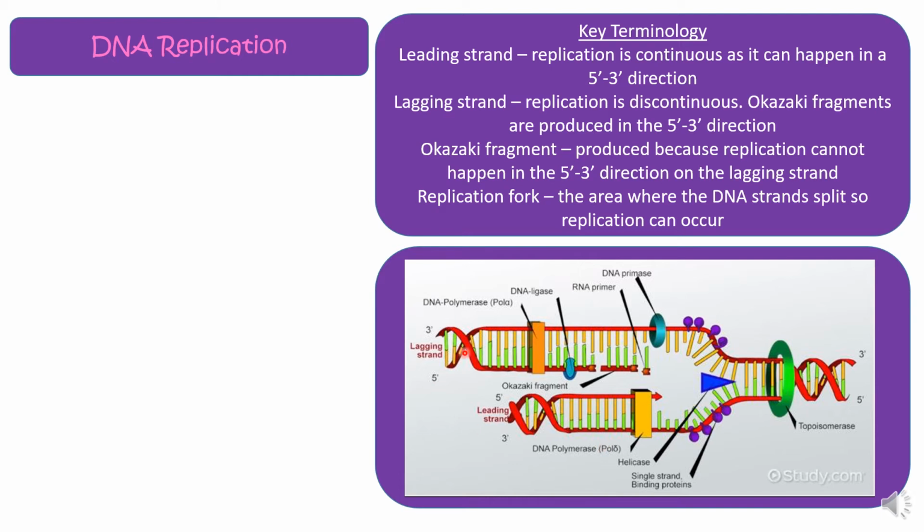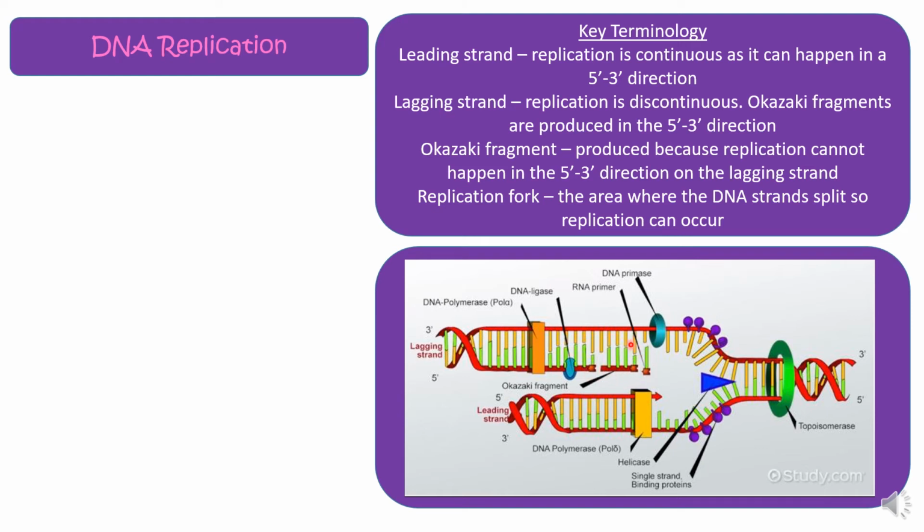On the lagging strand, however, we can't replicate in a 5' to 3' direction, and therefore we need a slightly different process in order to produce the complementary strand of DNA. We'll go into more detail on that soon. What we have to do is make these small fragments of DNA called Okazaki fragments.